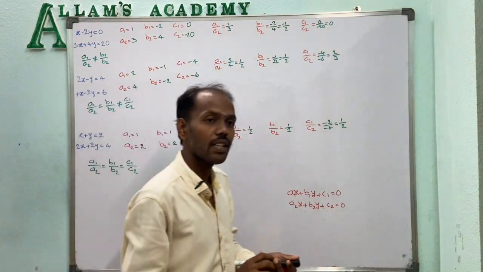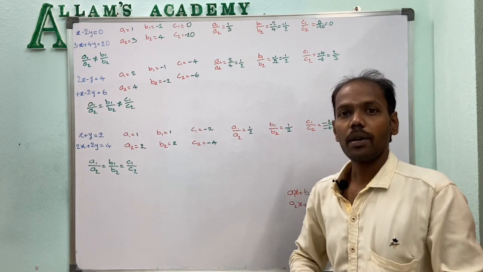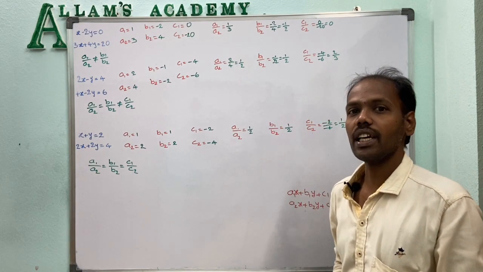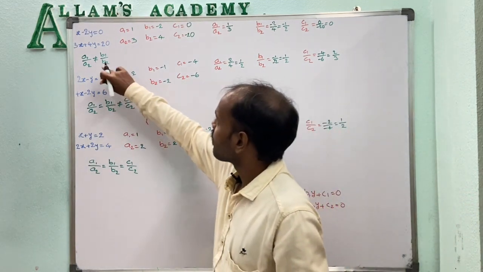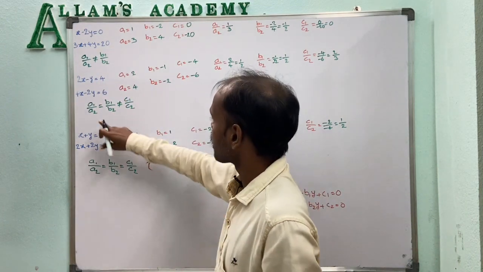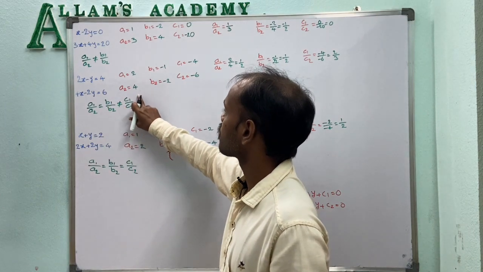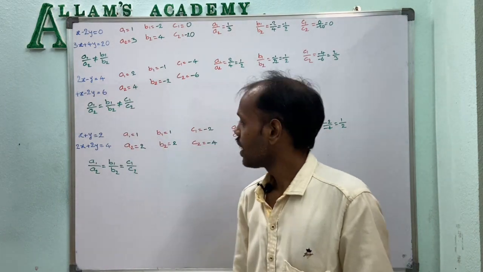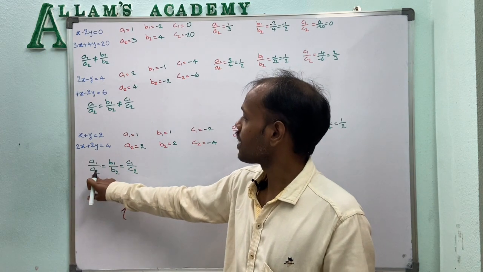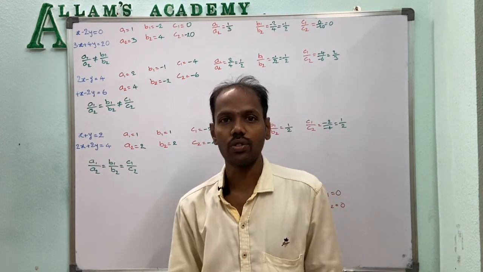So now here we get three types of conditions for a pair of linear equations. One is a1/a2 is not equal to b1/b2. Another one is a1/a2 equal to b1/b2 not equal to c1/c2. And the third one is a1/a2 equal to b1/b2 equal to c1/c2.